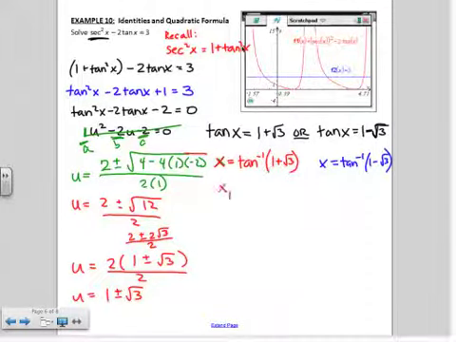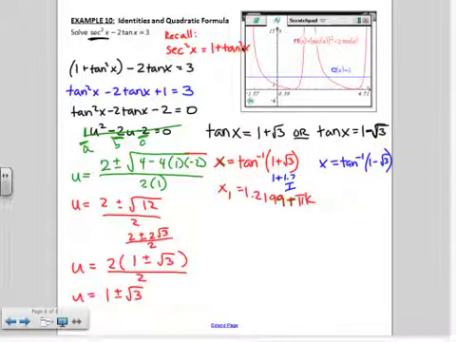For the first one, I'm going to say x1 equals... wait a minute, this is positive. This is 1 plus 1.7, so we expect a quadrant 1 angle. Oh yes, it's a positive plus a positive, quadrant 1. So we get x equals 1.2199 plus pi k, because the period for tangent is not 2 pi, it's pi.